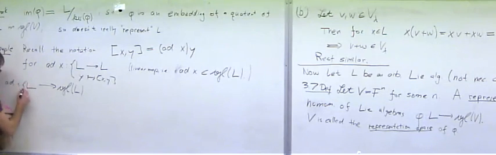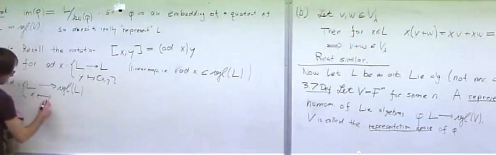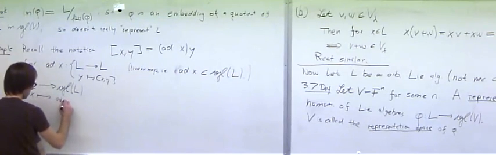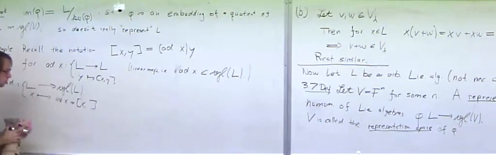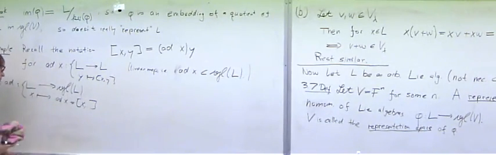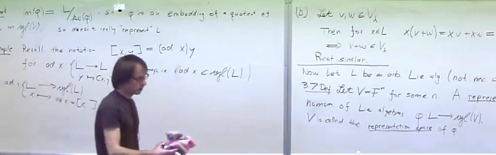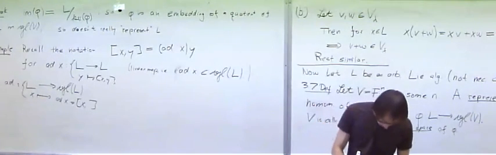Namely, x is sent to ad x, which is just left bracketing with x. And of course, the claim is that this is a representation.